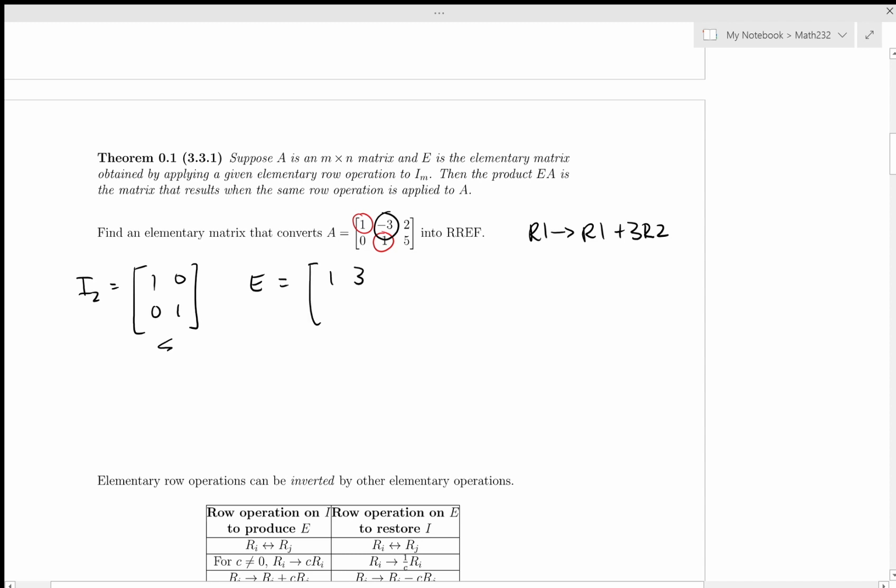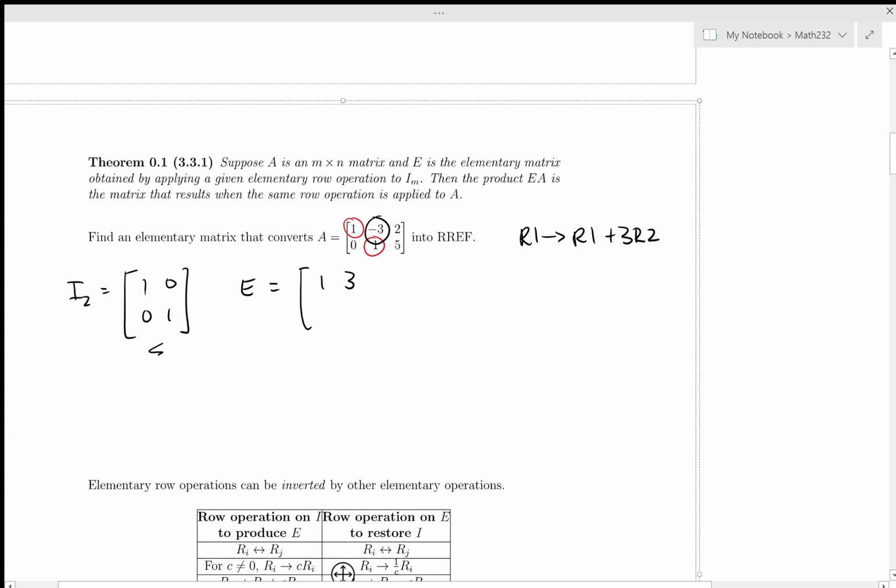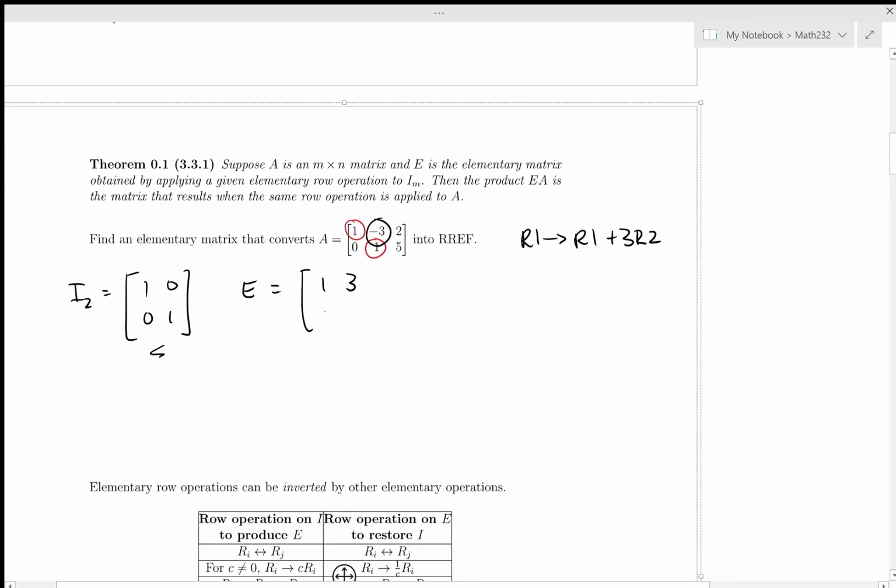So R1 becomes R1 plus 3R2. R2 is being left alone. That is a single row operation on I2, this row operation there. Then I'm going to take that E and multiply it by A.